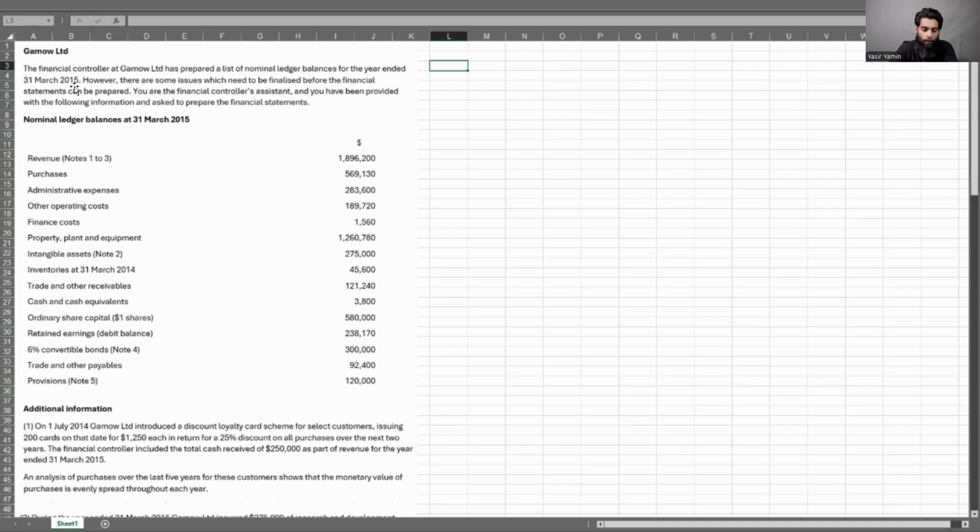So the year end is 31st March 2015, which means that your year start would be 1st April 2014. So these are the relevant dates that you never forget.